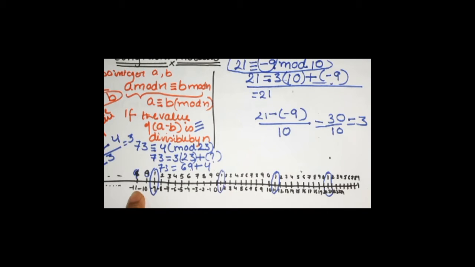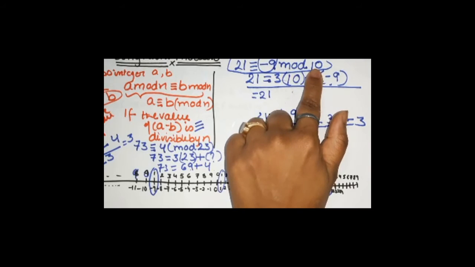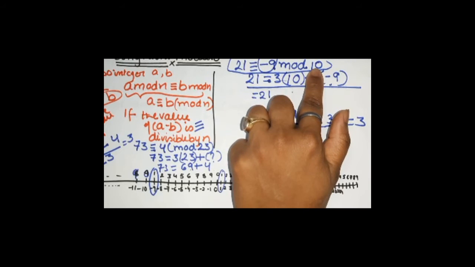Right? Have you understood? Let me repeat once again. How have I made this number line? I first see what my mod n is, what my modulus is. My modulus is 10. For modulus 10, the answer is going to be between 0 to 9.